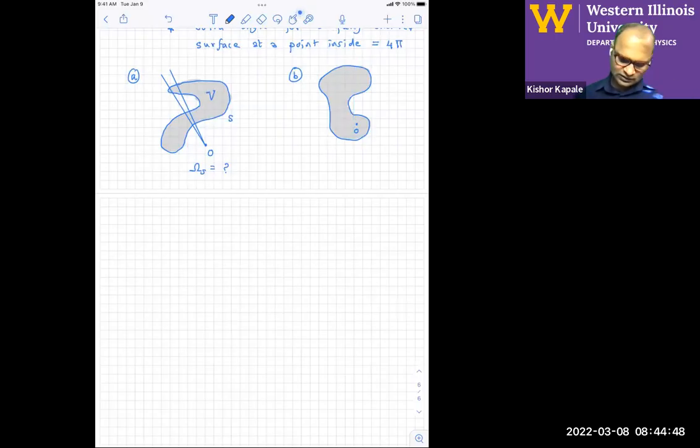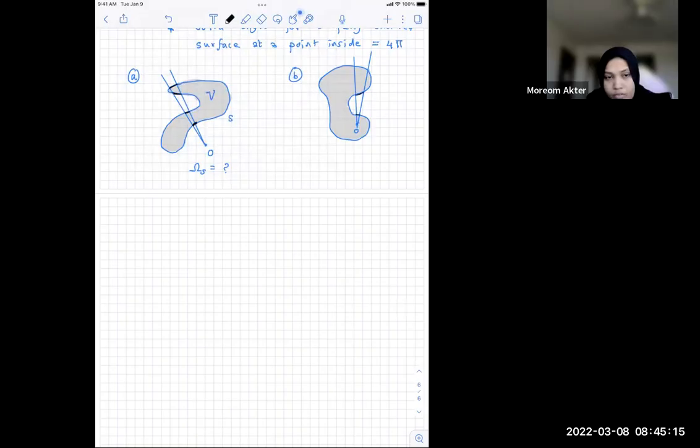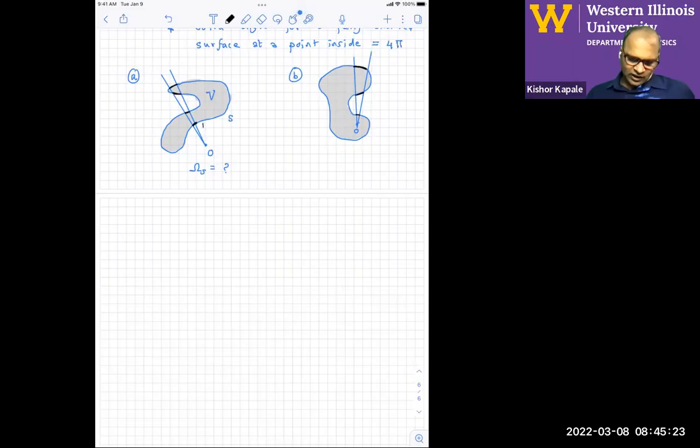Okay, let me do this. Very good. Any thoughts anybody has? Okay, I'm going to label these 1, 2, 3, and 4.